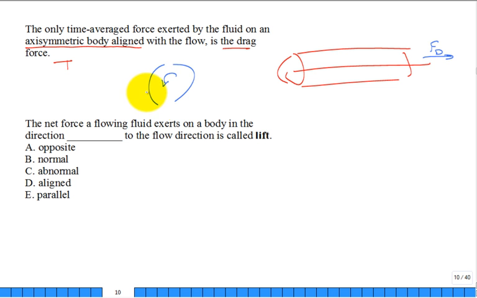Because of no slip on the boundary, the spinning ball will entrap and bring down more flow on the bottom side where it's spinning and less flow up top. Hence the ball will have a net force, not just in the drag direction of flow, but it'll also go sideways. That's why pitchers and baseball players throw with spin.